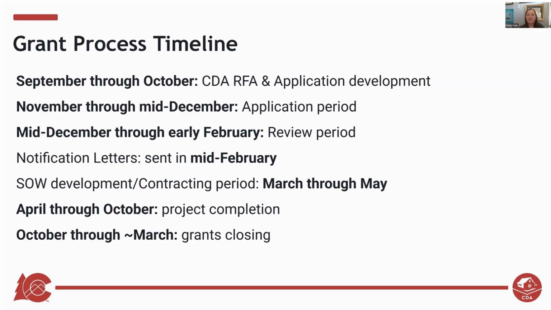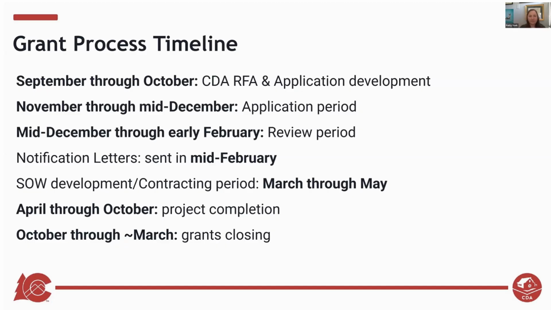And then after that comes the statement of work development contracting period. So March through May, the grantee will work with their CDA project manager on figuring out what that statement of work looks like. And then that statement of work goes into the contract.